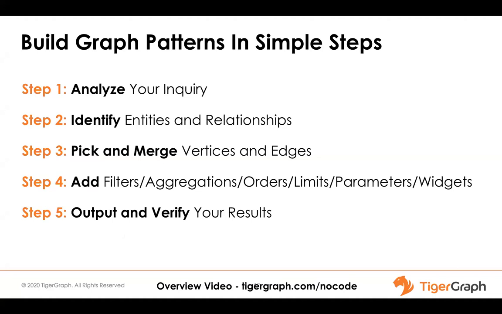With that, you can get to step 3 and pick the vertices and edges that represent the entities or relationships, and then merge them if needed in different cases. And step 4 is adding the conditions if your question asks for a conditional request. And step 5 is output and verify your results.